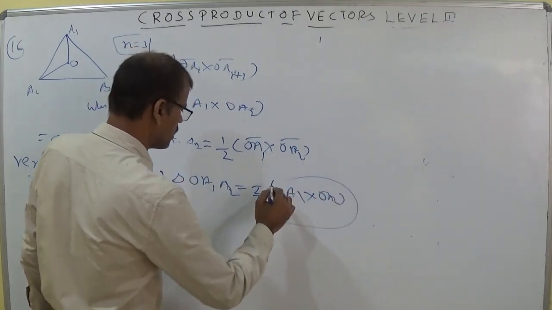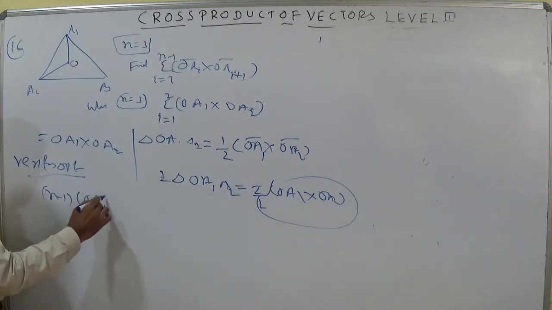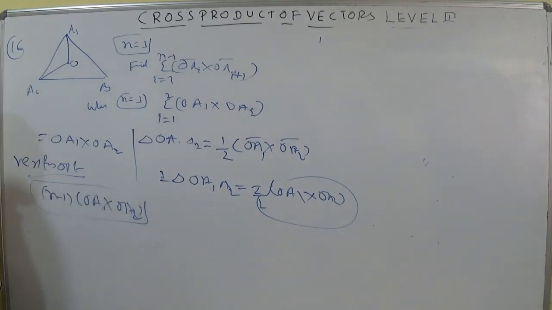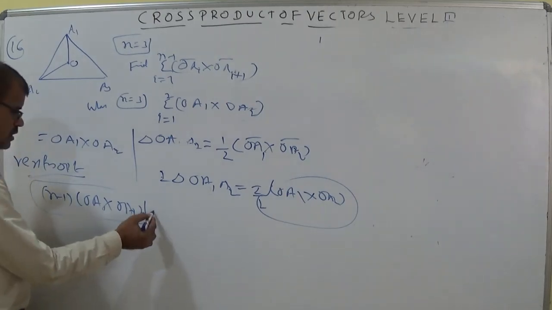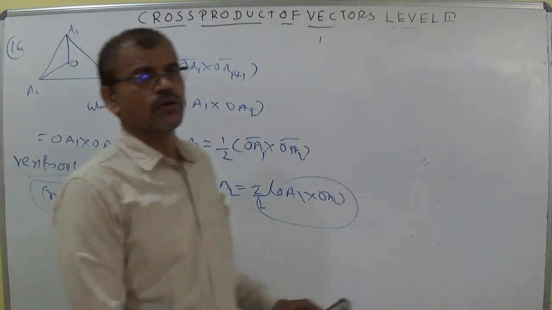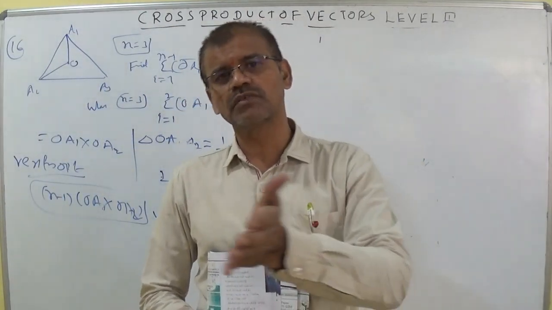So regarding area you can write here n minus 1 into OA1 cross OA2. Students, whenever he gives OA1 cross OA2 into n minus 1, you should understand that he is discussing about area, that's all. You can take all the values also, you will be getting OA1 cross OA2 plus OA2 cross OA3 plus OA3 cross OA1, so on.